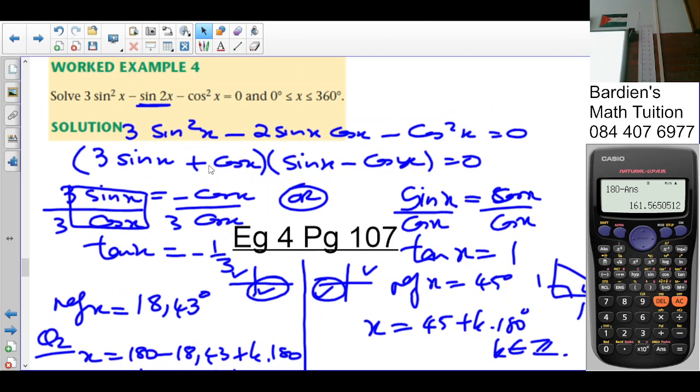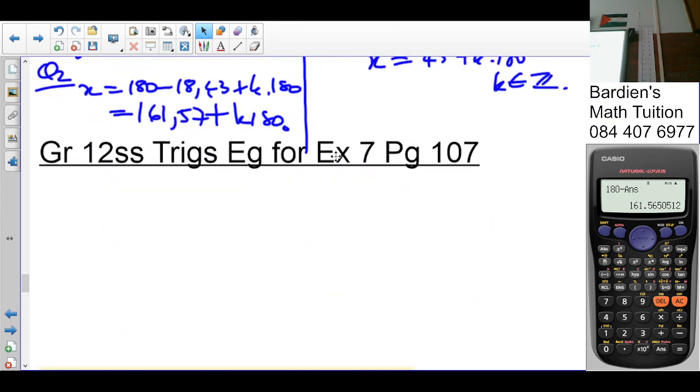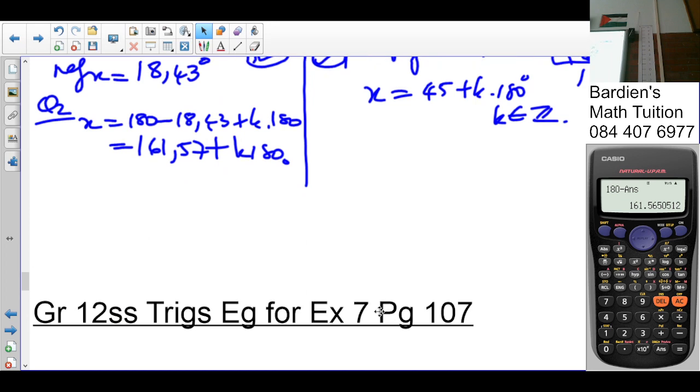Now coming back to the restriction, your angle has to lie between that given interval of 0 to 360 degrees. So with that in mind, we have to list. So we say x is an element of, it belongs to the set of. We'll start at 0 to 360.